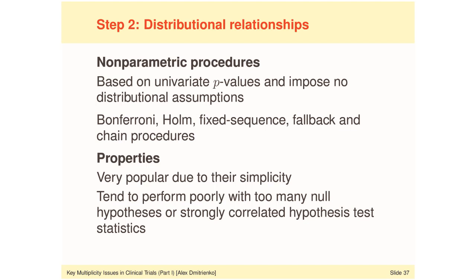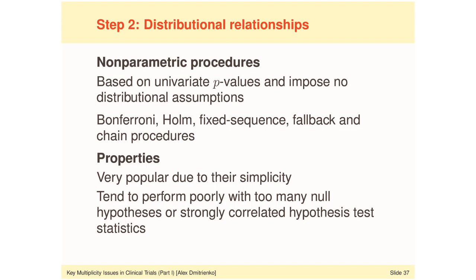Examples include the Bonferroni, Holm, fixed sequence, fallback, and chain procedures. They're all nonparametric procedures. I'm sure you're going to recognize quite a few procedures on this list, and this is because nonparametric procedures are very popular.